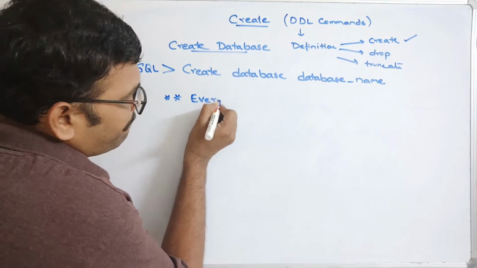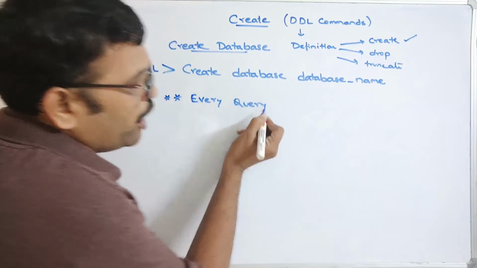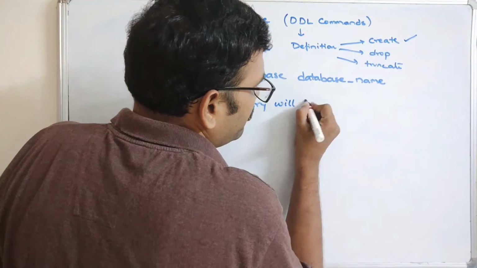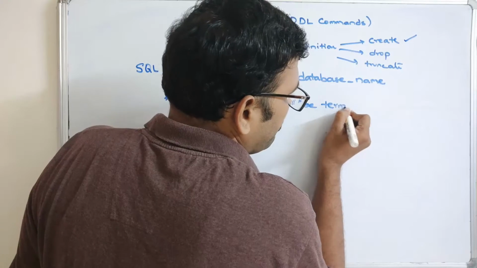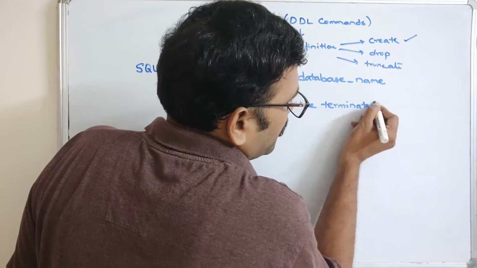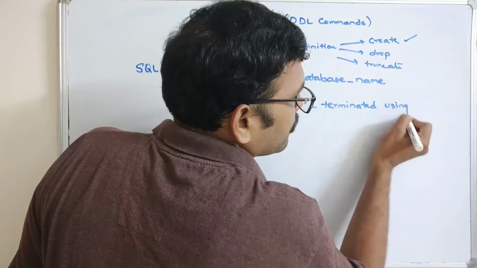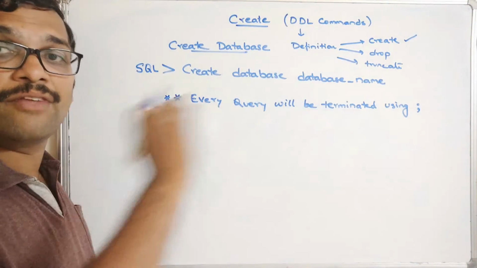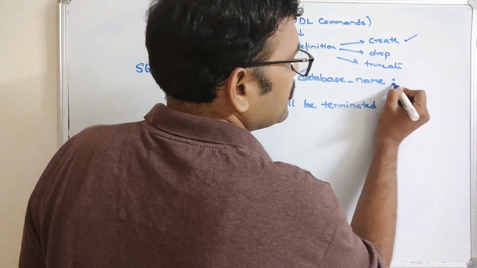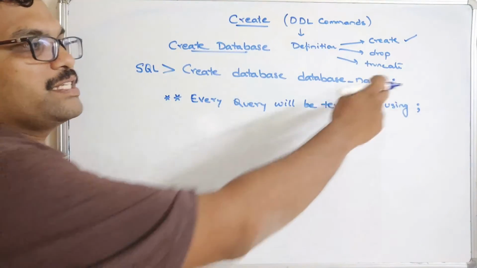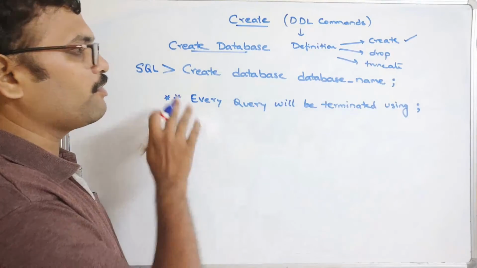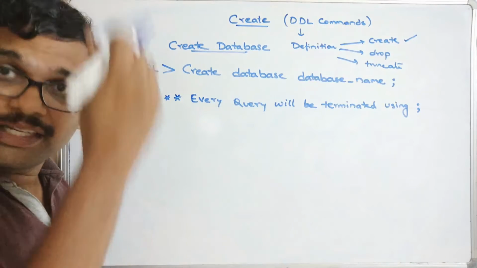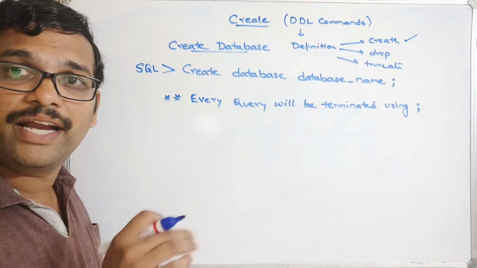Every query which you write in this SQL prompt will be terminated using a semicolon. After the end of the query you have to place the semicolon. If you don't place the semicolon and you press enter, the query will continue on the next line.